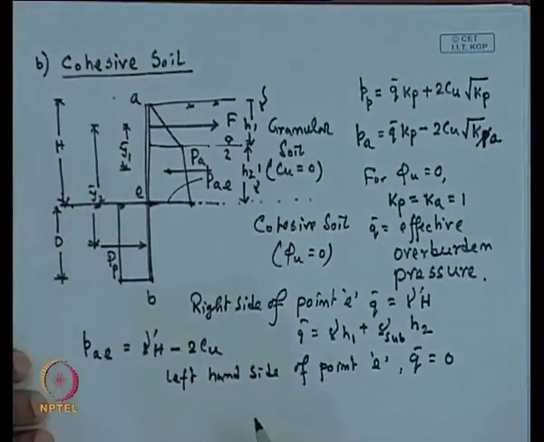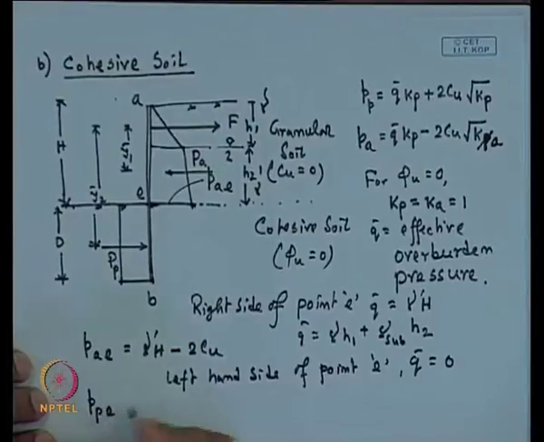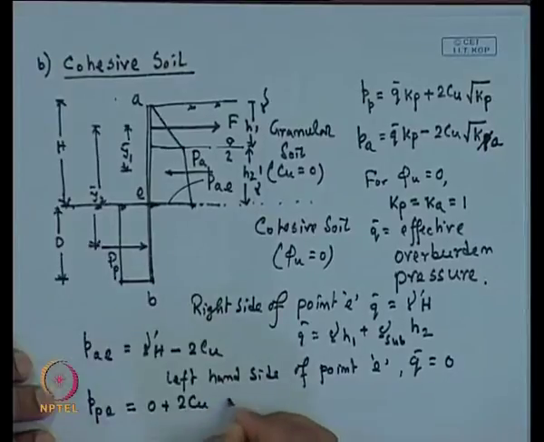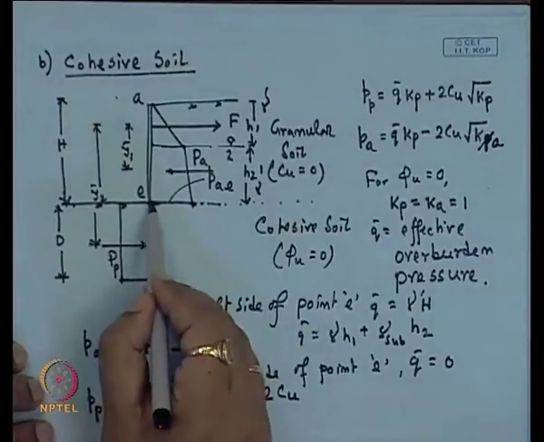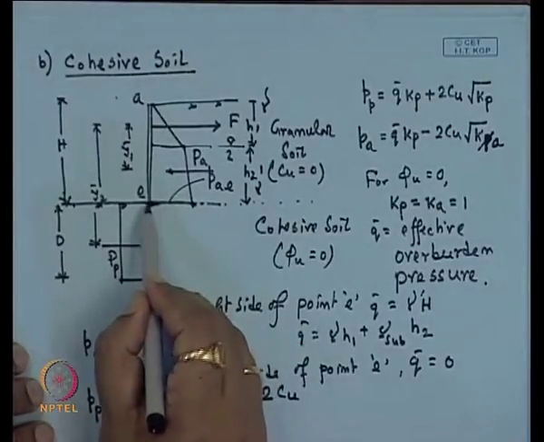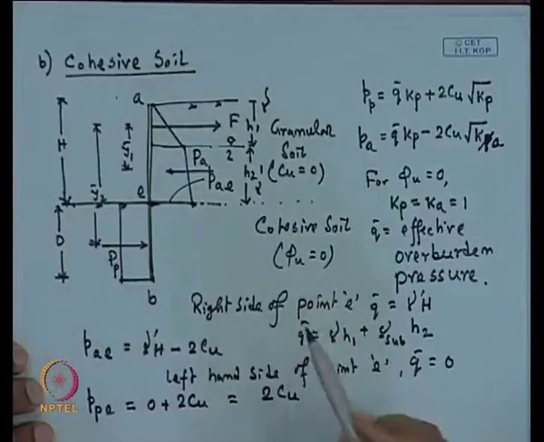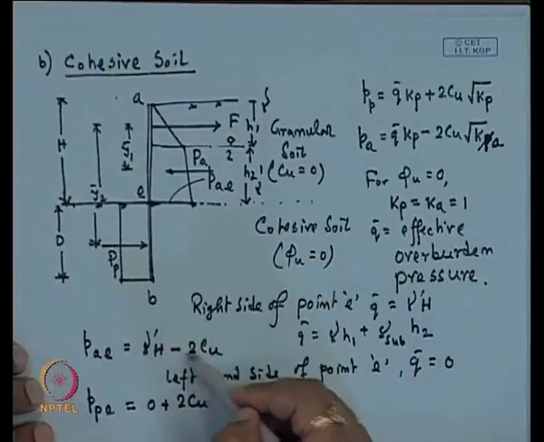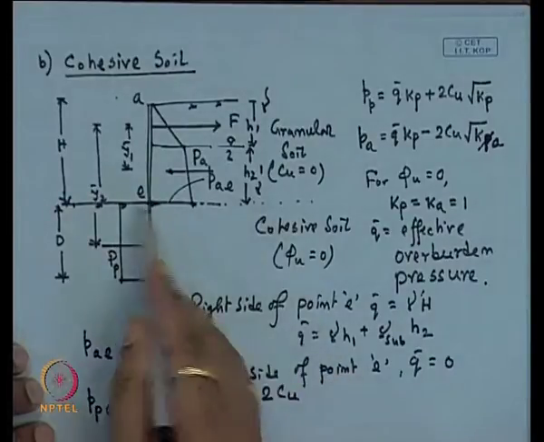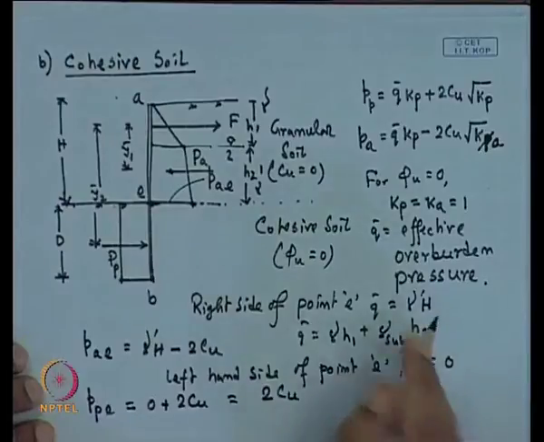So, you can write that P P E, the passive earth pressure, is equal to 0 plus 2 C u, so that is equal to 2 Cu. So, at this dredge level point, on the right side the active pressure is gamma dash H minus 2 Cu and the passive pressure is 2 Cu.